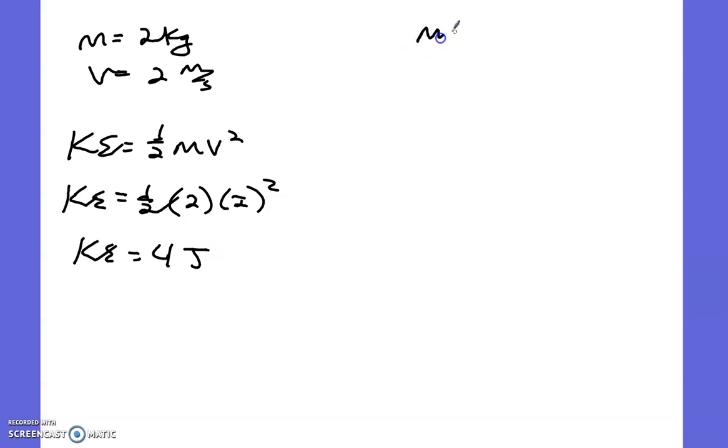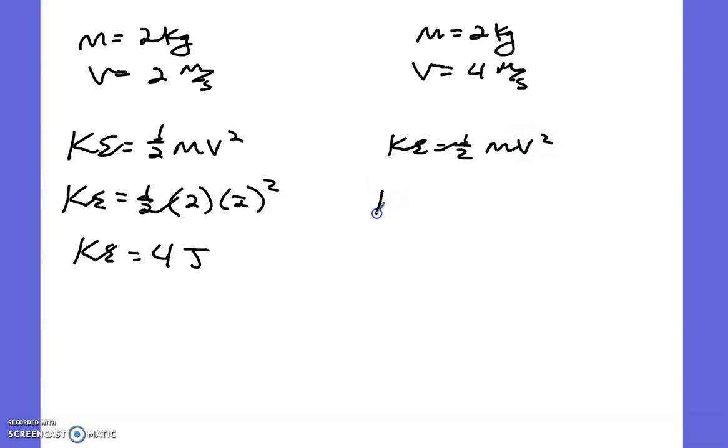Now, what happens if we have that same object, that same dog, and we are going to now double the speed? You might say, well, if we double the speed, won't we have double the kinetic energy? Let's calculate and find out. So we have our formula.